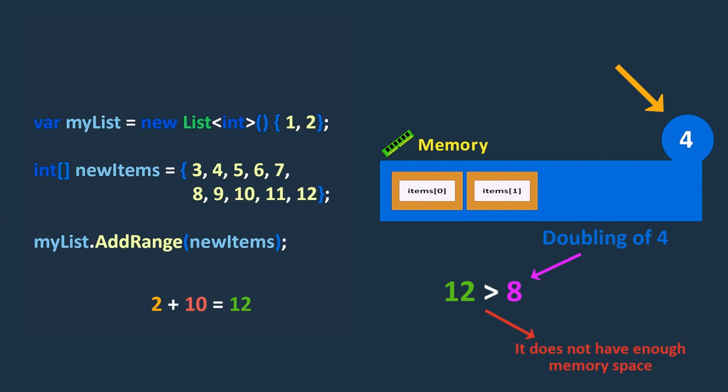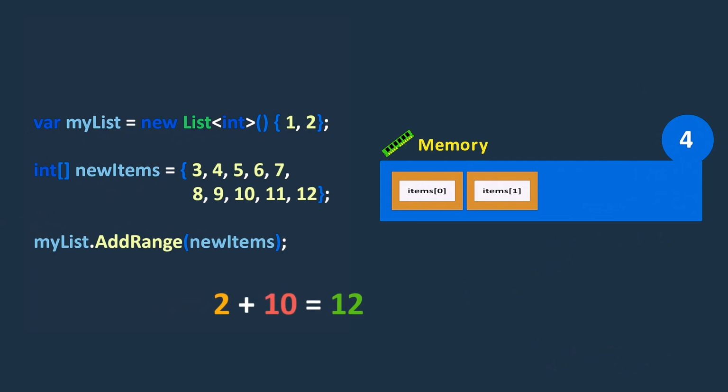In such situations, instead of doubling the capacity, the addRange method creates a new internal array with a capacity equal to the count of existing elements plus the count of new elements. So, in this example, the capacity would be changed to 12, allowing all the elements to be added successfully.